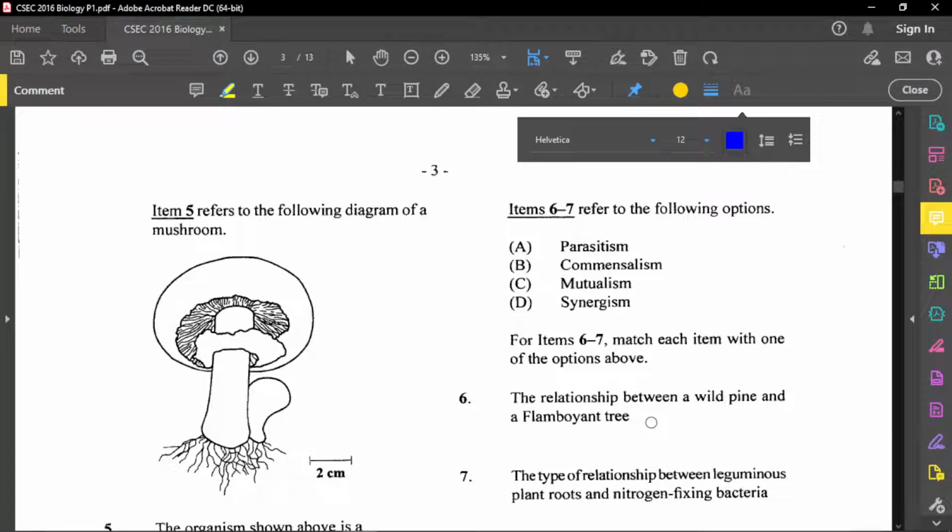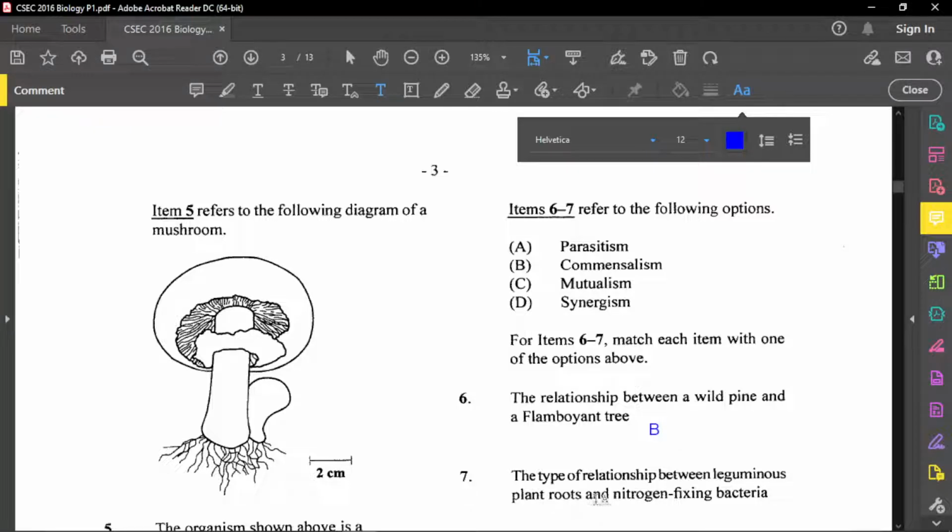A flamboyant tree will grow on the pine bark. They love pine bark, and they benefit from the dead part of it, but the pine itself will not be affected. So without a shadow of doubt, number 6 is going to be B. Let me just put the letter there since there's nothing to circle. So let's put B here for number 6. It's a commensalism type of relationship.